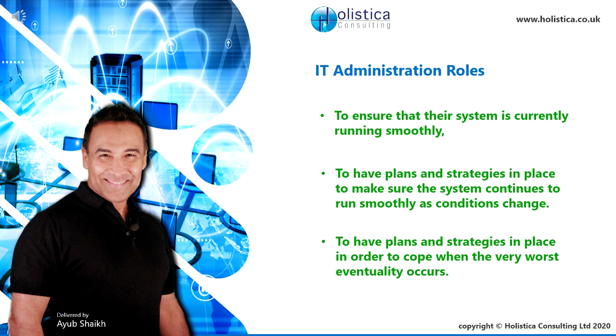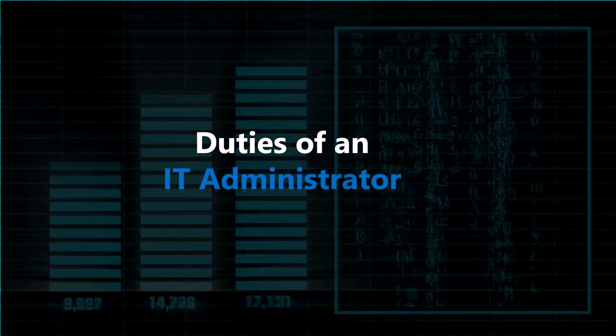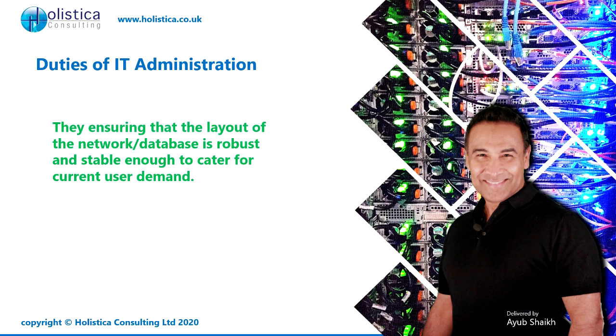In many ways, the duties of these three administrators, as I mentioned, are similar, and so I've outlined these collectively, but we're going to go into a bit more detail here. So they include ensuring that the layout of the network or database is robust and stable enough to cater for current user demand.